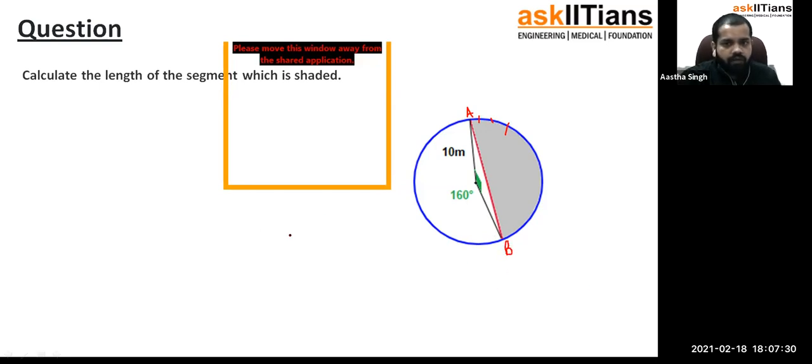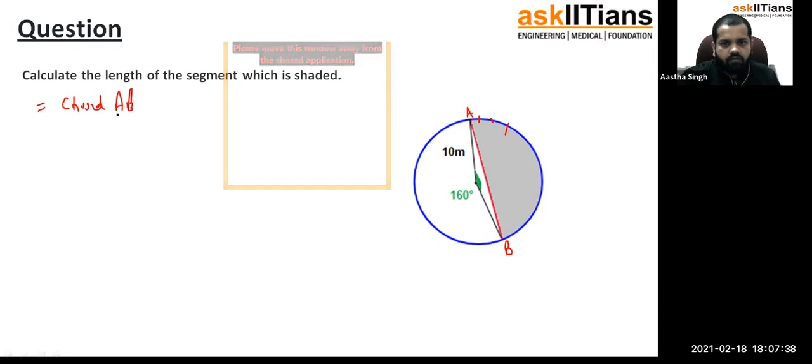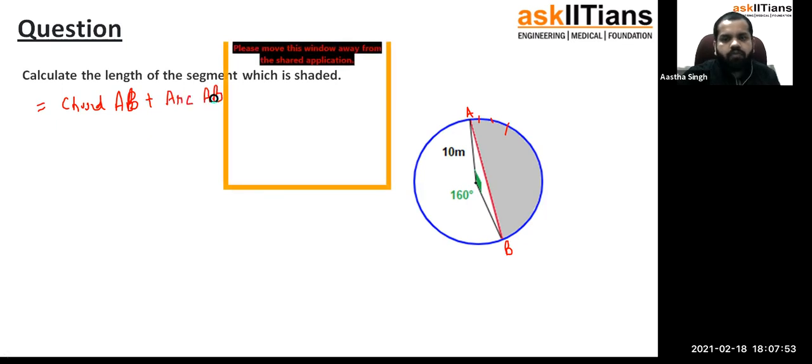You have to calculate chord AB plus arc AB. You have to calculate your chord AB and your arc AB.